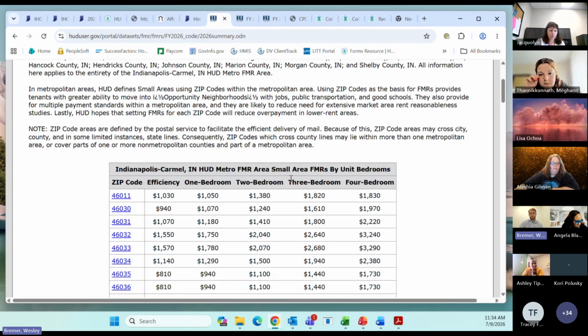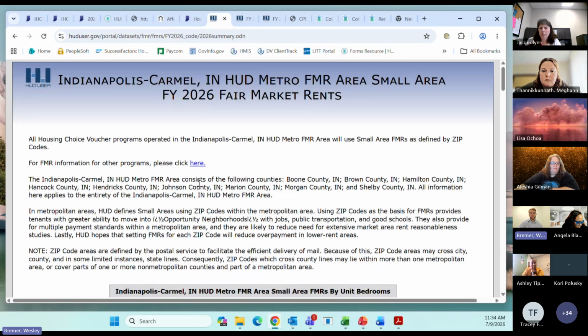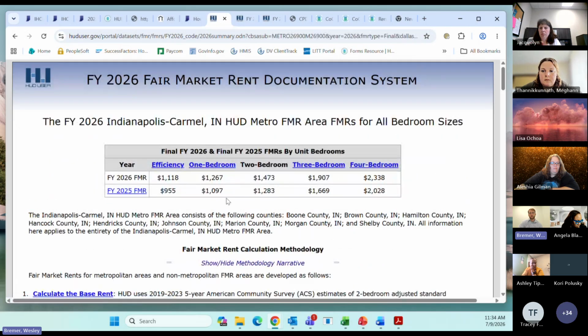This is the screen we were just seeing, where we have the zip code specific FMRs. But when HUD is devising the rental assistance budget of your project, they're using this big area FMR.